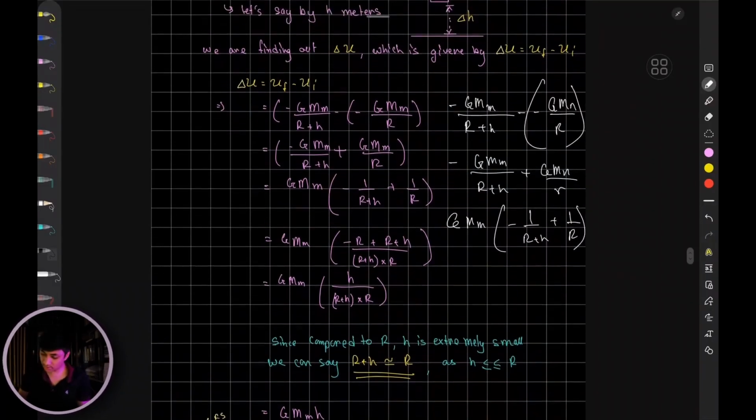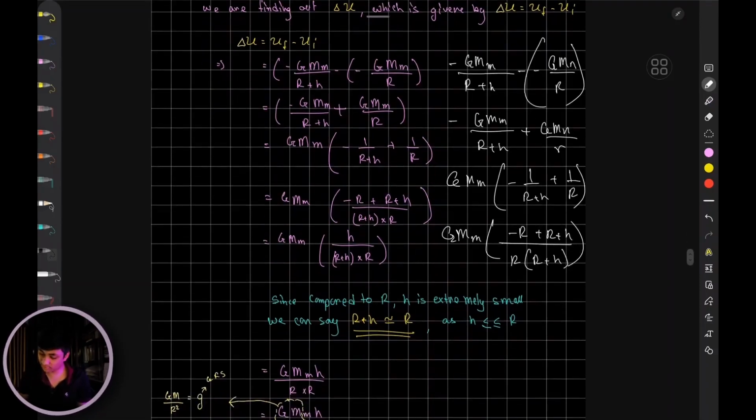Great. So now notice, if I do the LCM over here, we're going to have r times r plus h, and then minus r plus h. Fair enough. So what we're left with is that this r and this r are cancelled off, and we'll be left with h divided by r times r plus h, right?